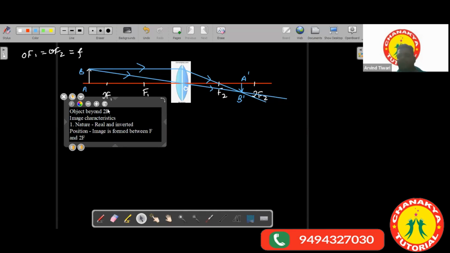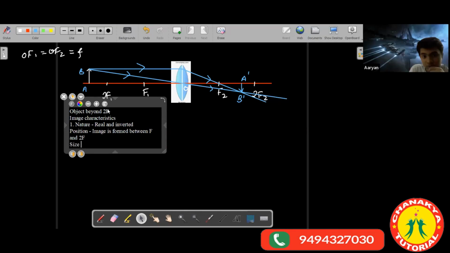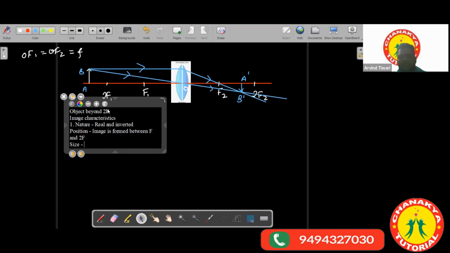Image is formed between F and 2F, that's the position. Then you have the size of the image. Sir, it is diminished. Yeah. So the size of the image is diminished.